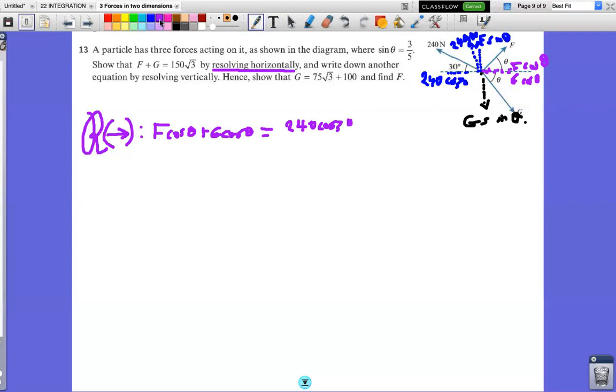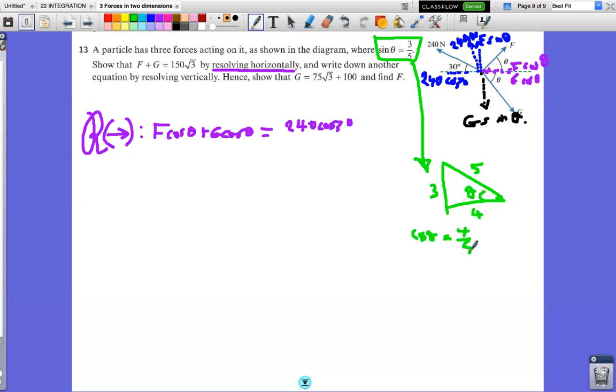Now we are told that sine theta is 3/5. So we have to look for cos theta. If this is the angle theta, this sine theta is 3/5. So this should be 4, right? So cos theta should be 4/5.